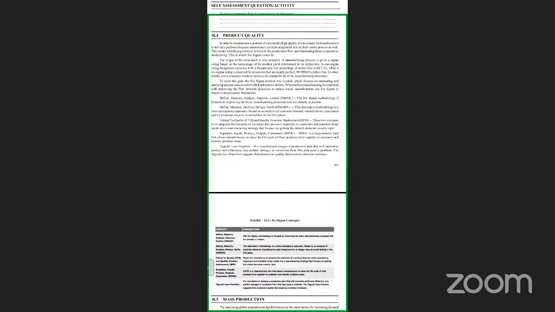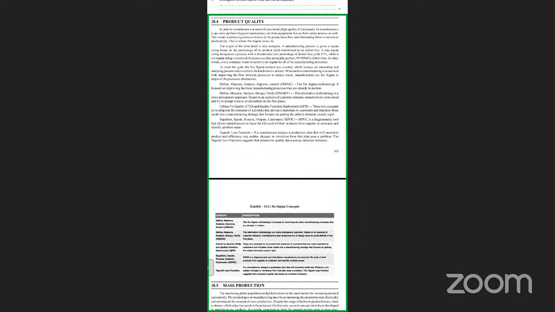And next we have SIPOC, that is suppliers, inputs, process, outputs, and customers. This is a diagrammatic tool that allows manufacturers to trace the life cycle of the product from supplier to customer.